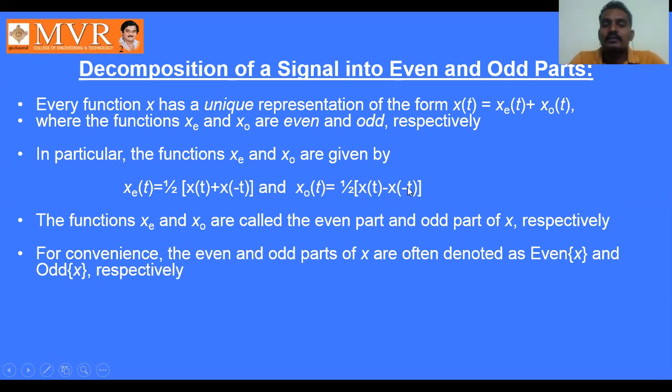Here the mirror image is subtracted from the original, and the result is halved. Similarly, for the even part, the mirror image and the original are added and halved. The functions xe and xo are called the even part and odd part of x respectively. For convenience, the even and odd parts of x are often denoted as even of x and odd of x respectively.